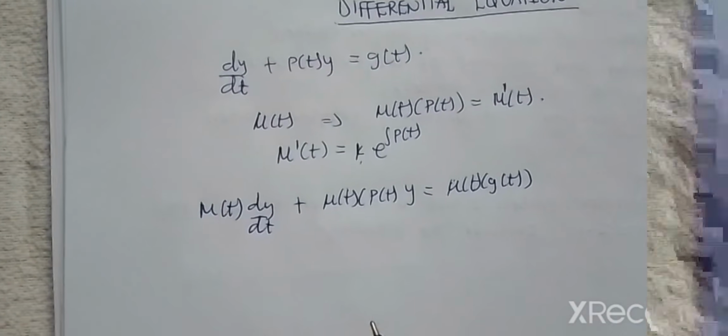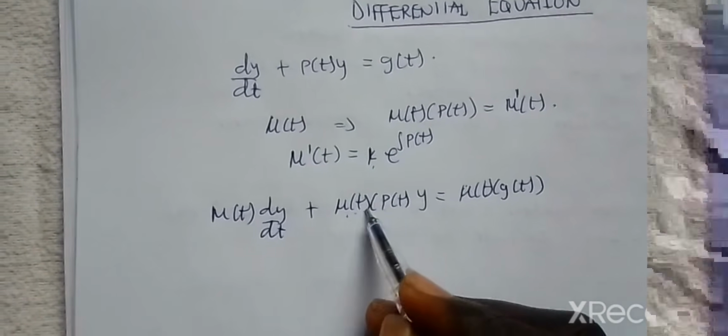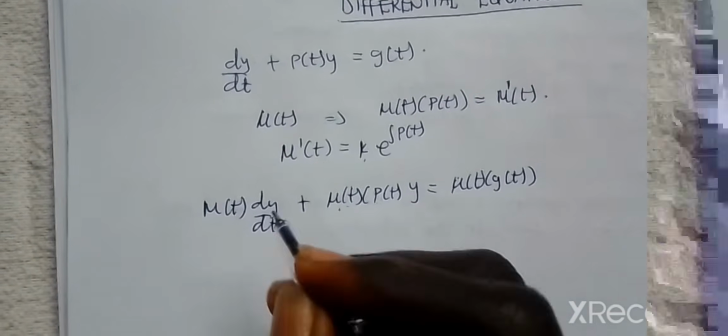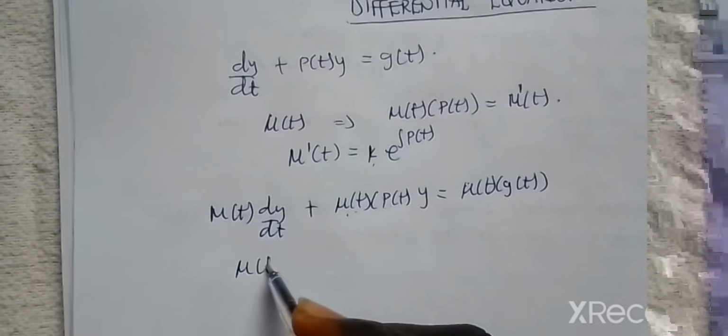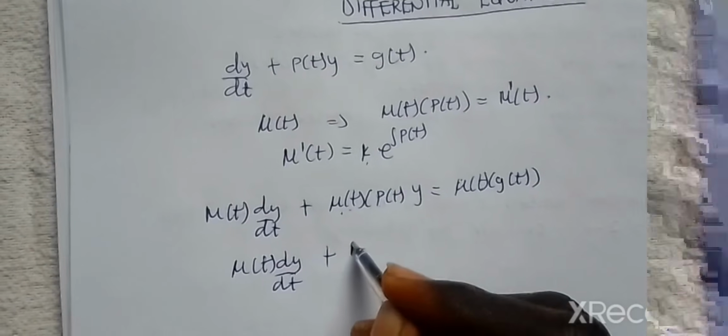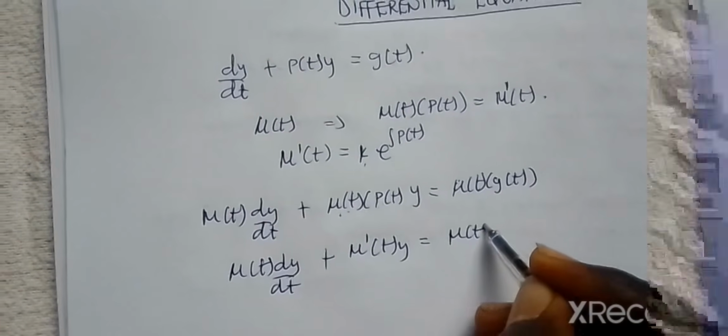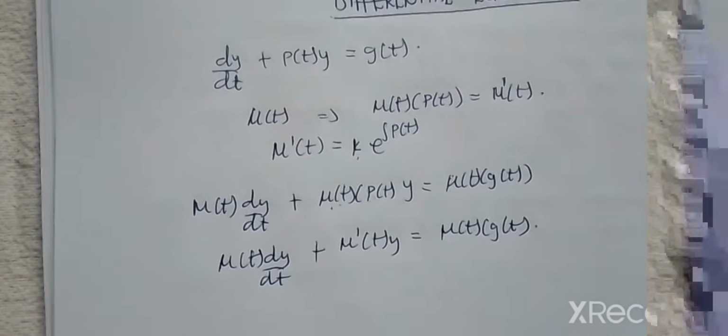From here we said when you multiply this by this function, you always get the derivative of mu of t. So we further write mu of t dy over dt plus mu prime of t y is equal to mu of t then g of t.